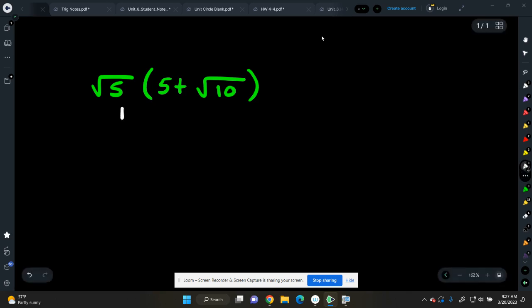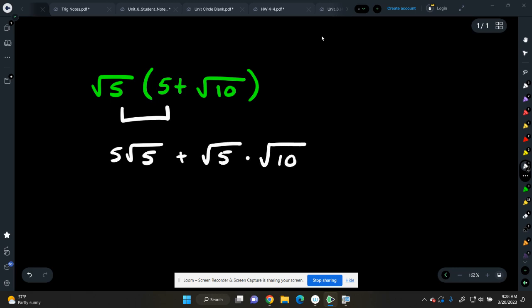Okay, so we're going to distribute. So we have 5 times the square root of 5 plus the square root of 5 times the square root of 10. Notice that when I distributed the first one, when I did the square root of 5 times 5, notice how I switched it.